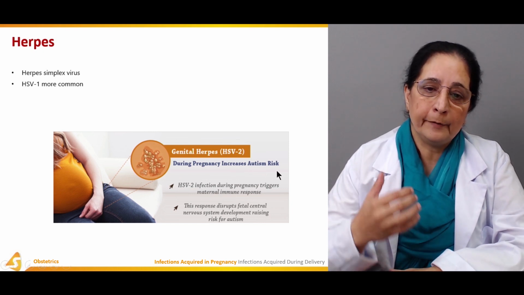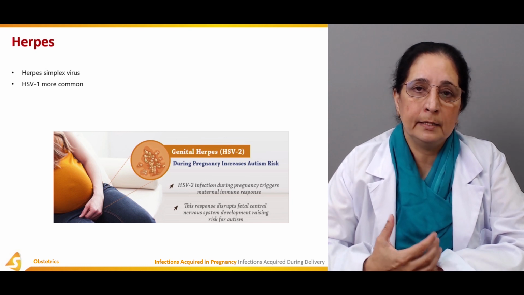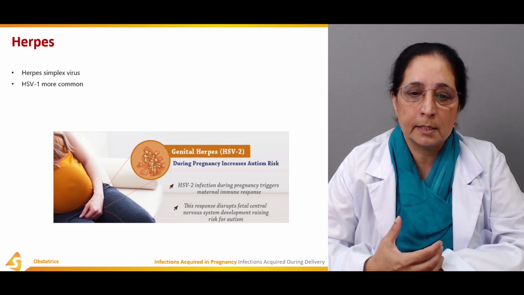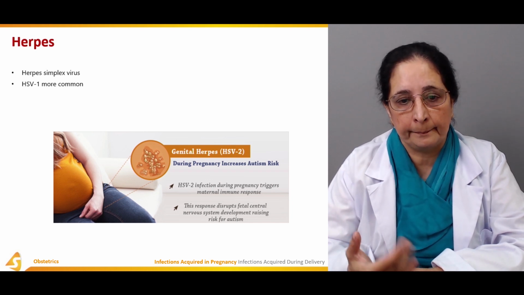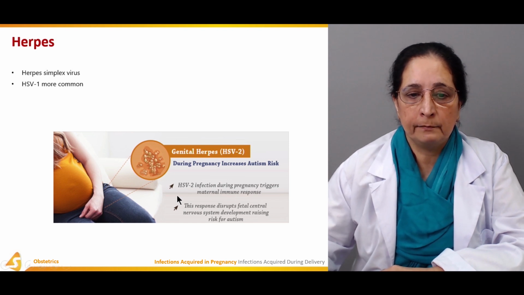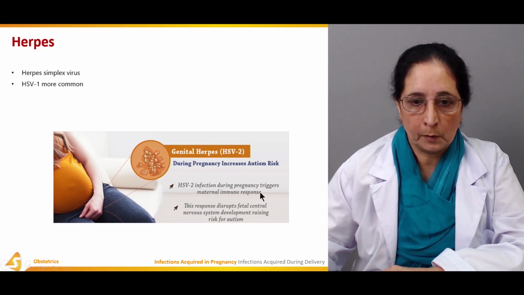So during the pregnancy, during the delivery, if it affects the baby, it can increase the chance of developing autism. Herpes simplex virus 2 infection during pregnancy triggers a maternal immune response.